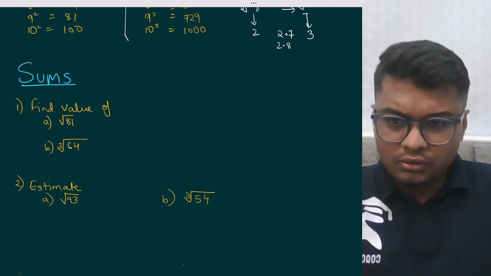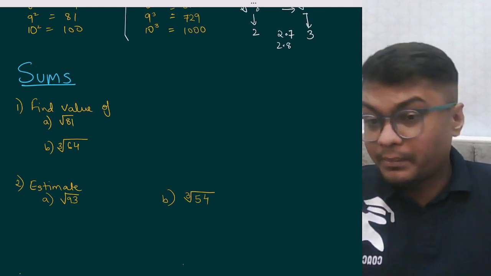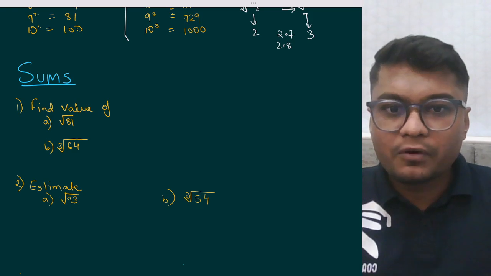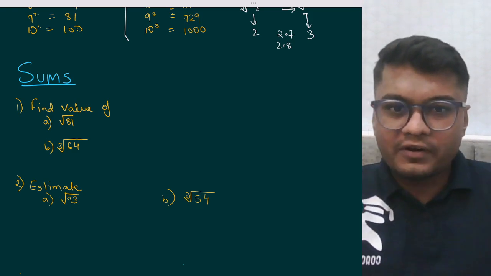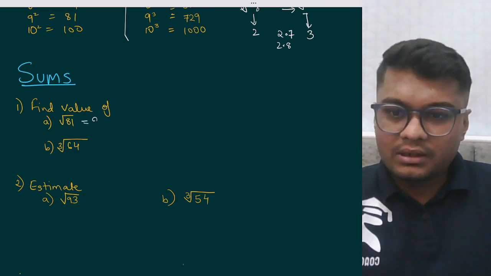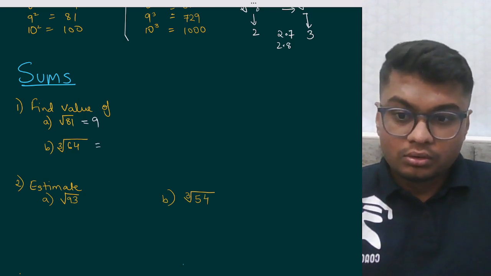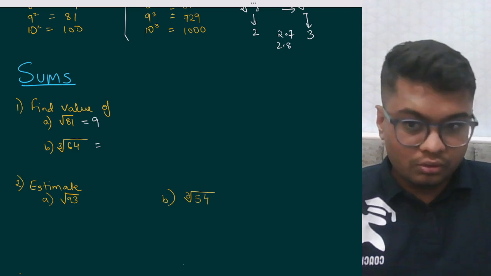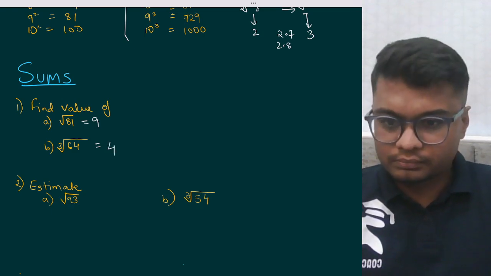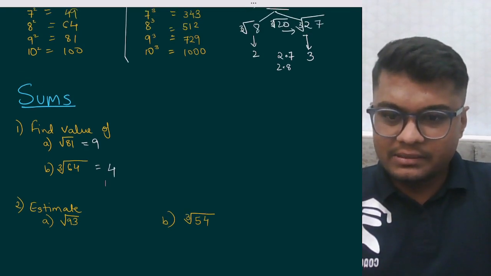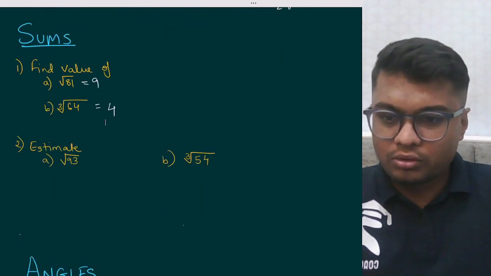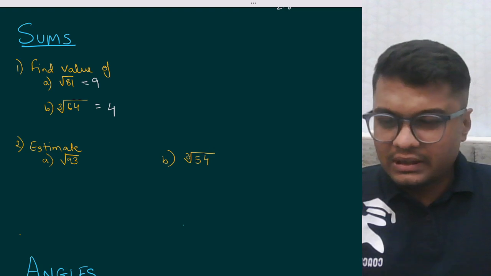Now, root of 81, we know root 81 is a perfect square. So the root of 81 will be 9. Cube root of 64. We know cube root of 64 is nothing but 4. Now let's estimate root of 93. Whose between it is?